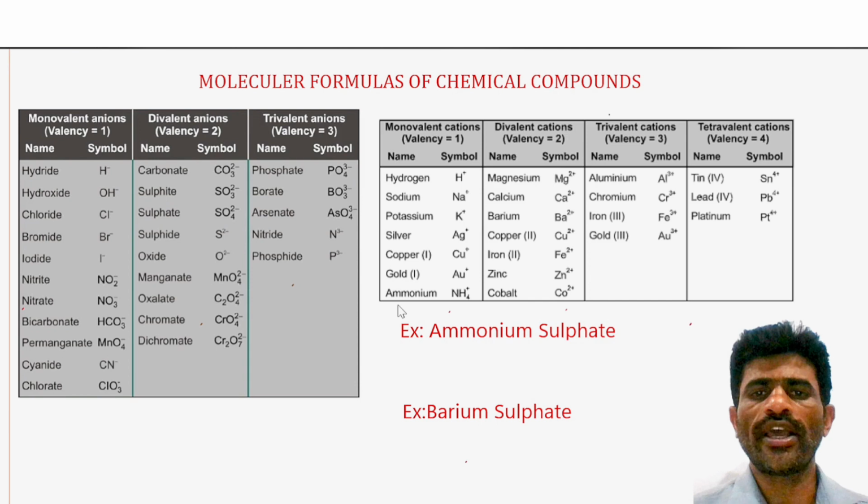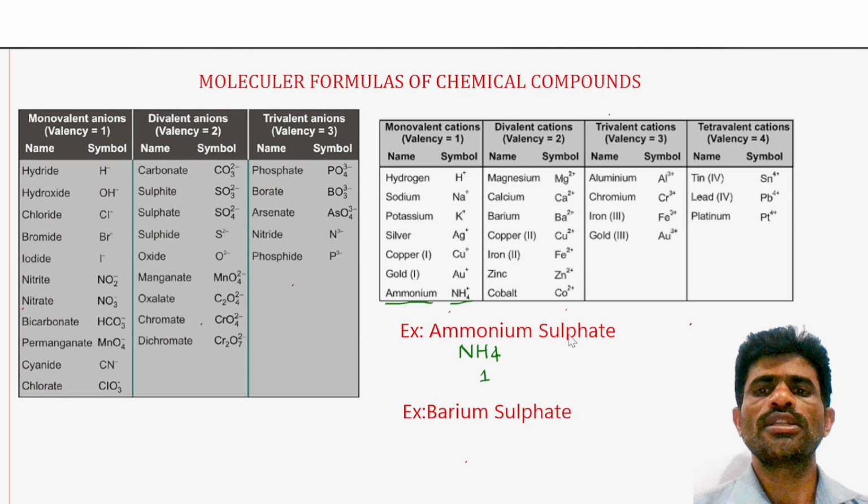See, here in the chart we have ammonium, its molecular formula is NH4 and valency is 1. So here we have to write its symbol NH4 and its valency 1, monovalent cation it is.